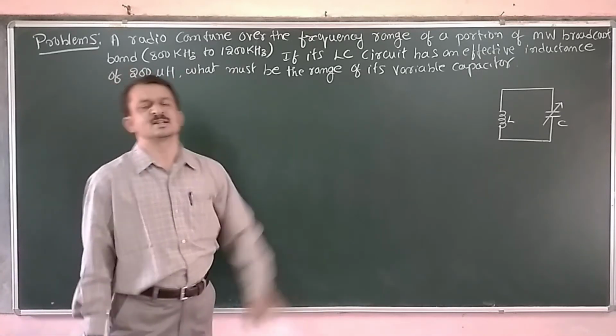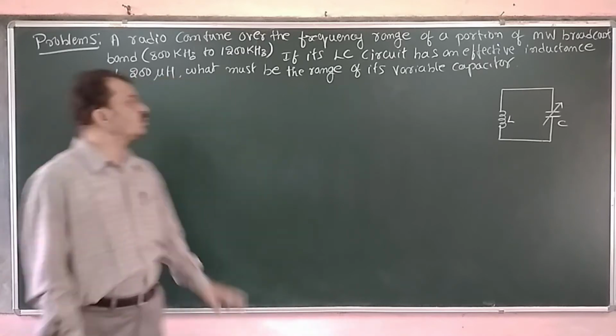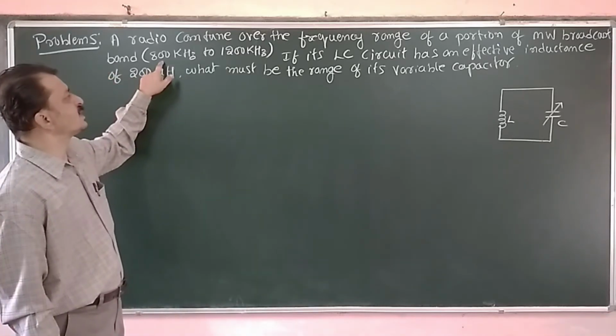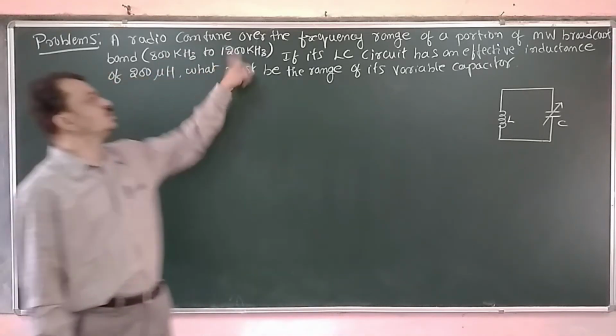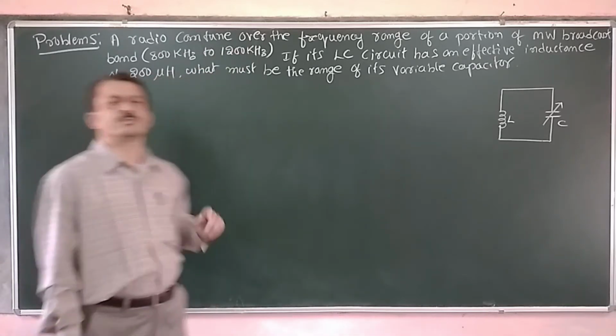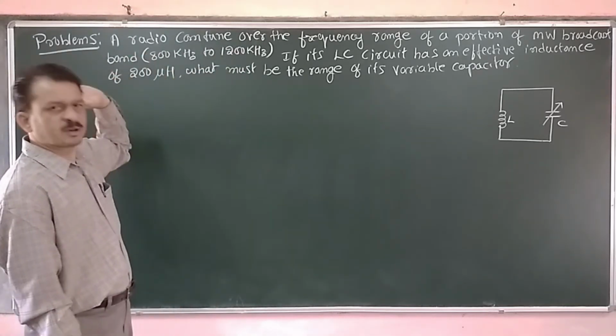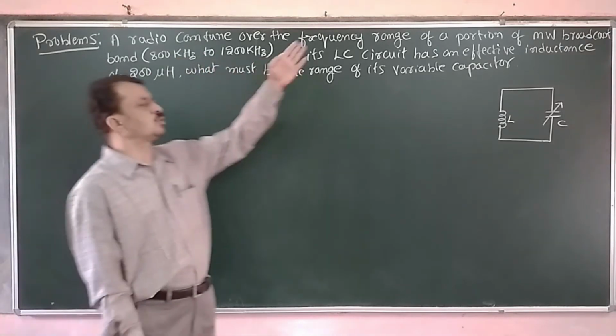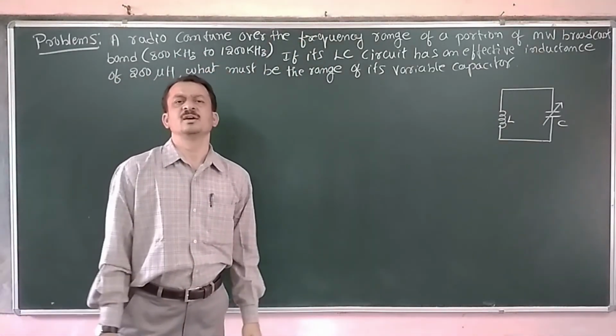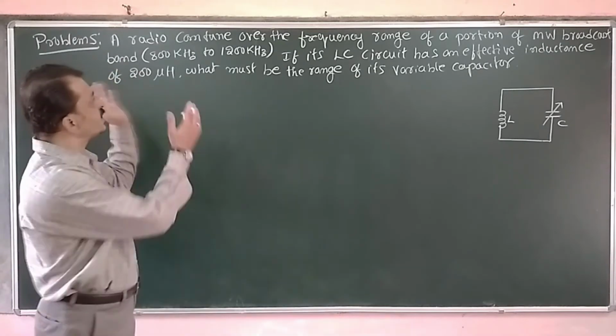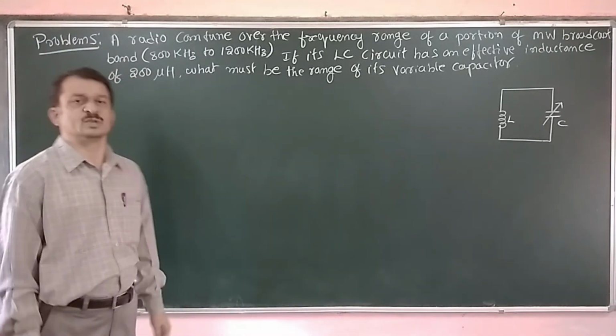It contains an LC circuit. It is going to receive the frequency range from 800 kilohertz to 1200 kilohertz. 800 kilohertz is one particular station, assume it, and 1200 kilohertz is another particular station. This range of stations it is going to receive.